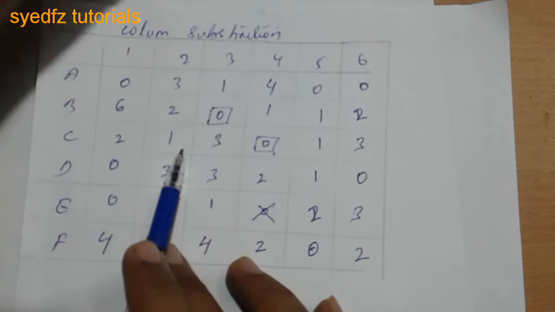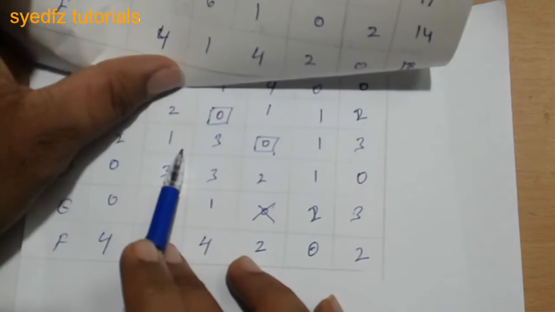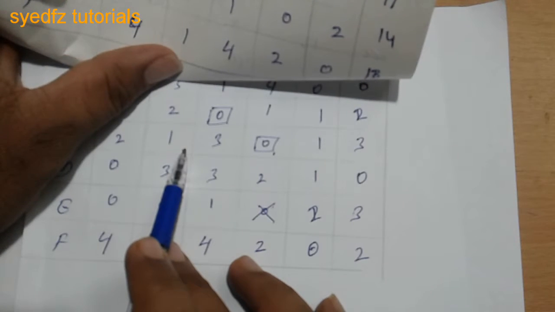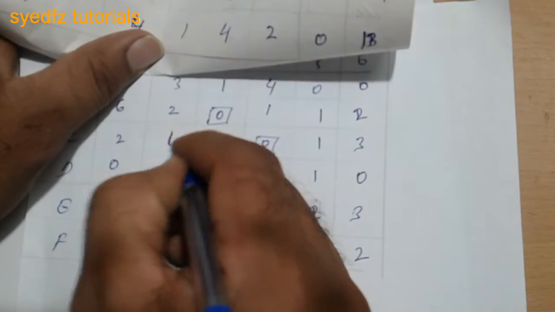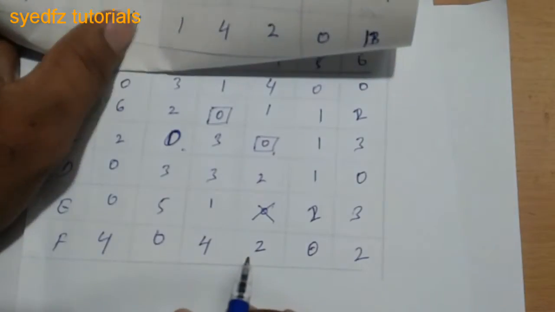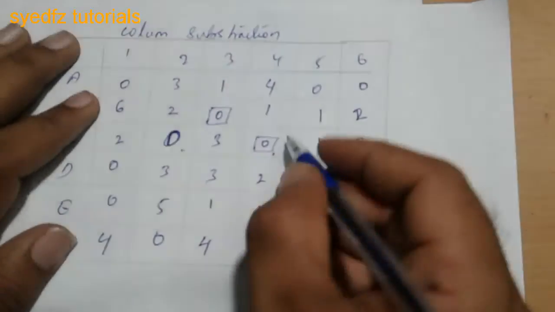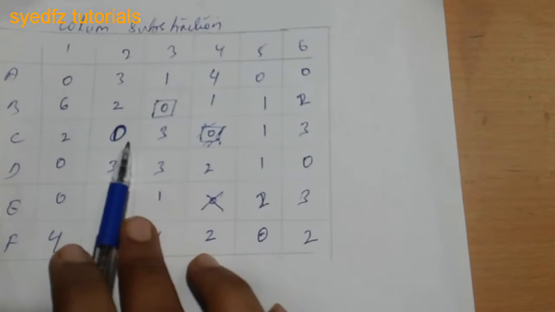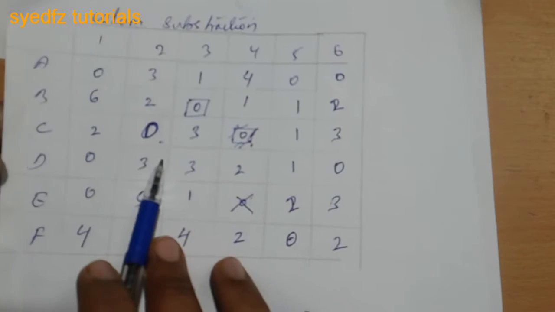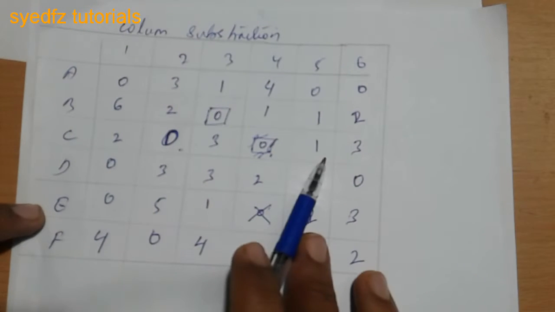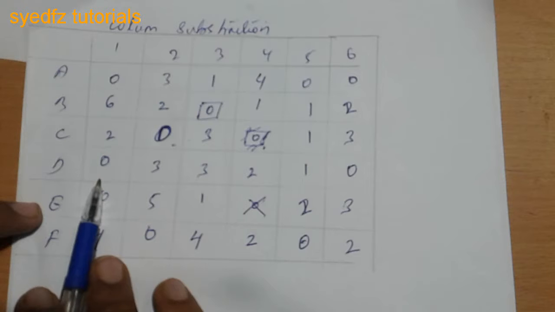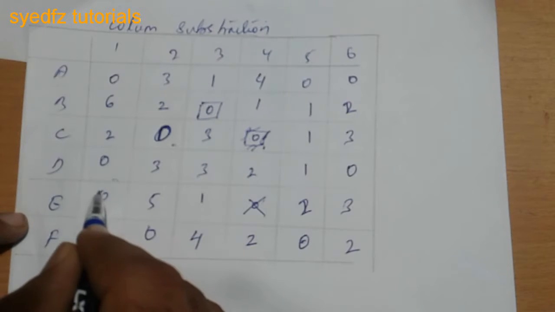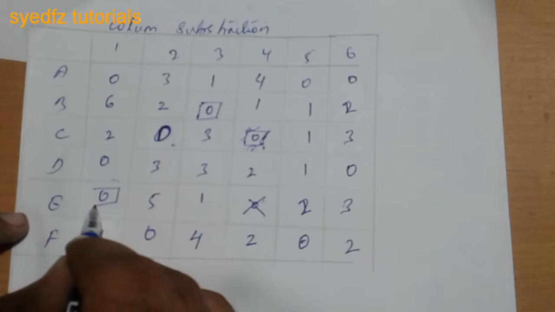Let's check row 1. The minimum value is 1. Okay, that was just a mistake. So there are 2 zeros, so don't take this one. This row has 2 zeros, so leave this one. This row also has 2 zeros. This row has only 1 zero, so take this one.